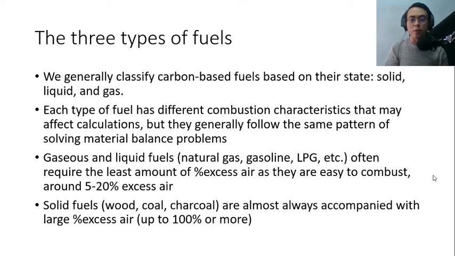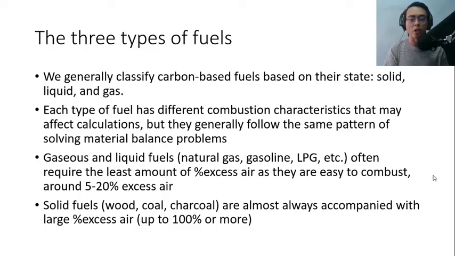Each type of fuel has different combustion characteristics that may affect calculations, but they generally follow the same pattern of solving material balance problems. During our past few lessons, we have familiarized ourselves with the extent of reaction, the species balance method, and the atomic balance method. All of those would still be useful in this lesson.